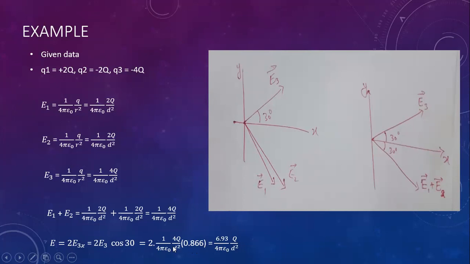You will put this value here, and the rest will remain the same. 2 times E3x, where the value of E3 is 1 over 4 pi epsilon naught 4q over d square. We have placed this value here. When you simplify, you will obtain the answer 6.93 over 4 pi epsilon naught q over d square. Once you know the values of q and d, you can find the exact answer.